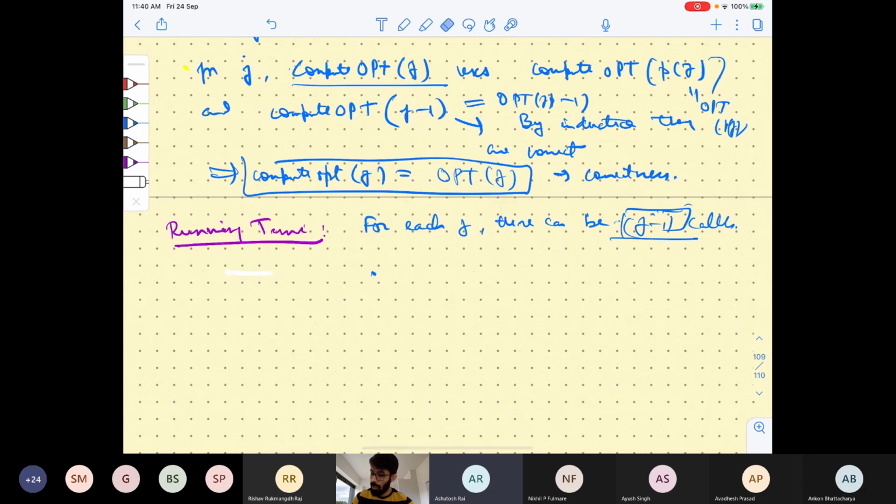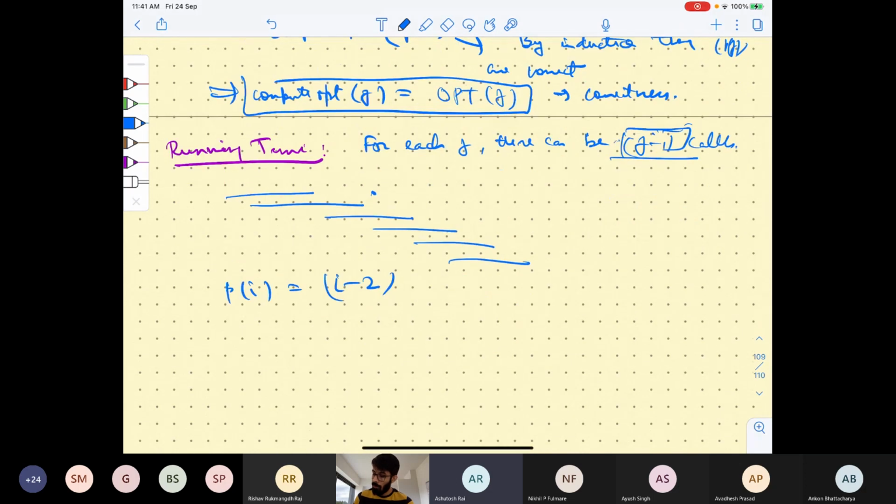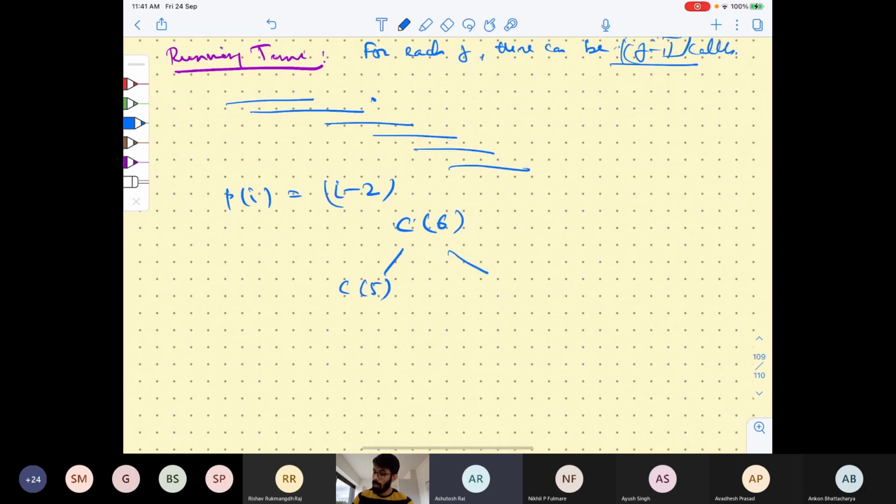Suppose the intervals go like this. So let's say 1, 2, 3, 4, 5, 6. Okay, so they are not disjoint. So P of i, let's say, is equal to i minus 2, right? And so suppose you have this call for 6. So let's just say C6, which calls C5 and calls C4.